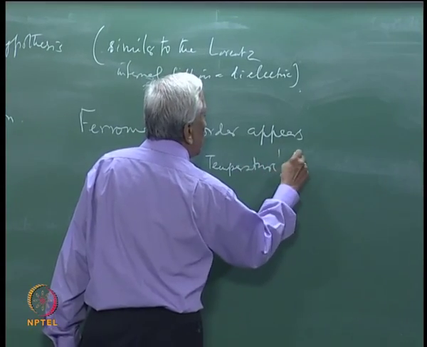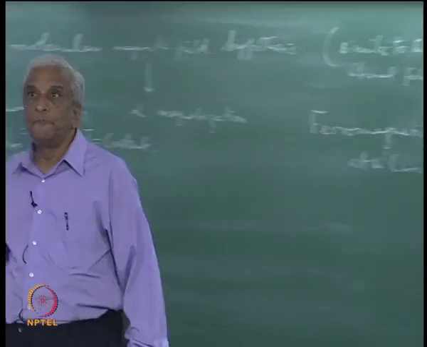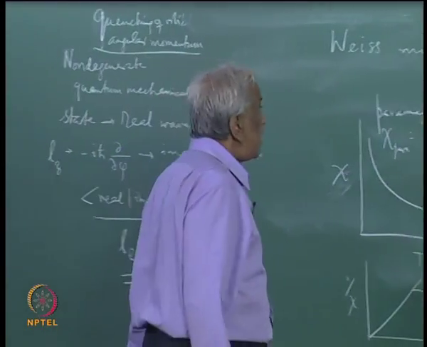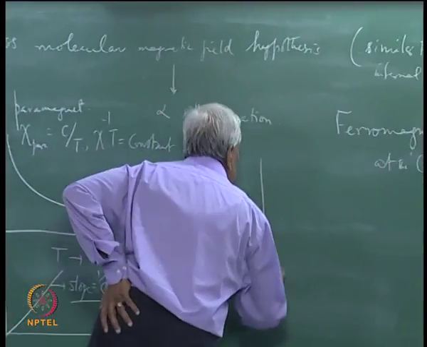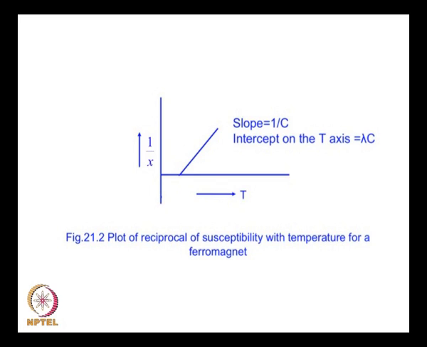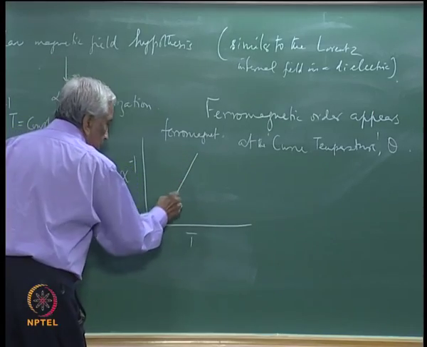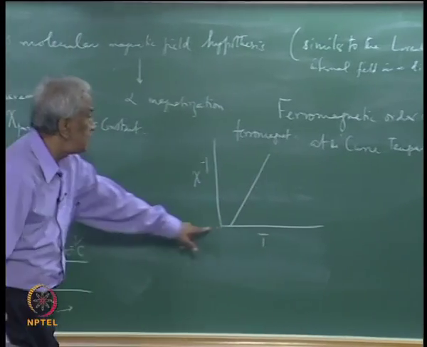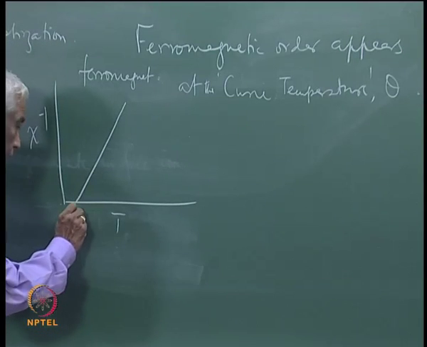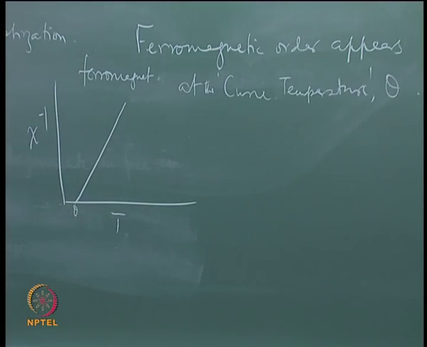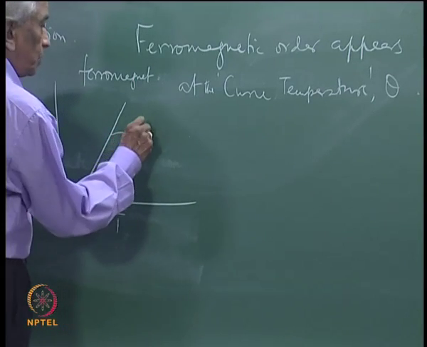We indicate it by theta, in which case the chi inverse versus T behavior of such a ferromagnet is not a straight line through the origin, but it is a straight line with an intercept on the T axis, and this intercept has the value theta. Its slope is still 1 by C.